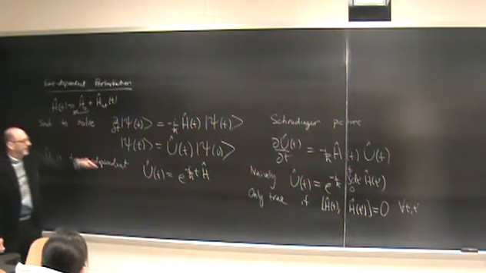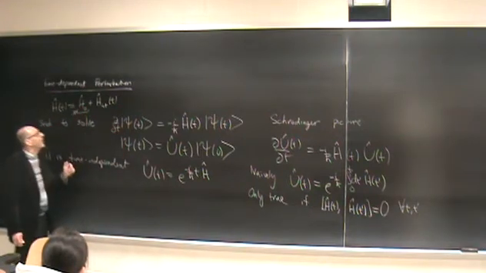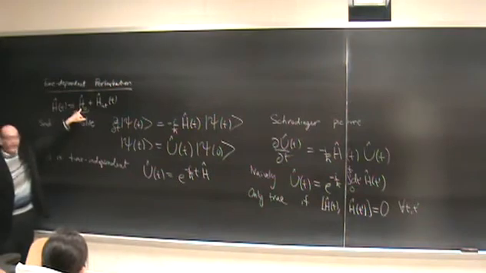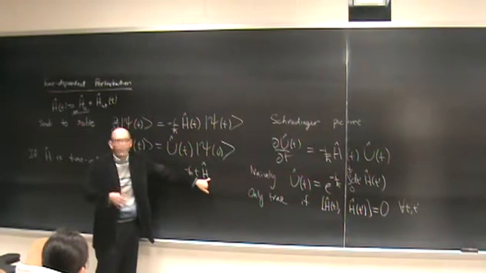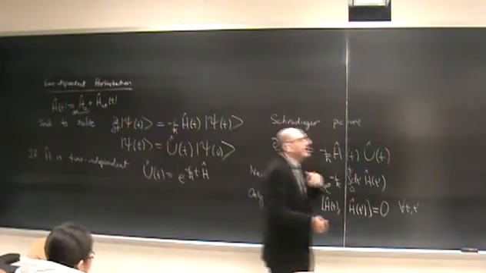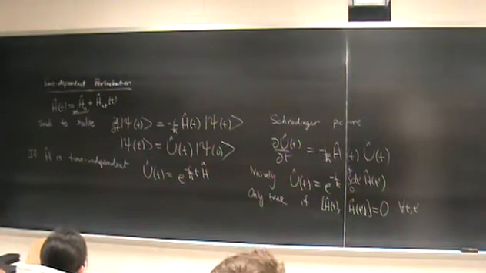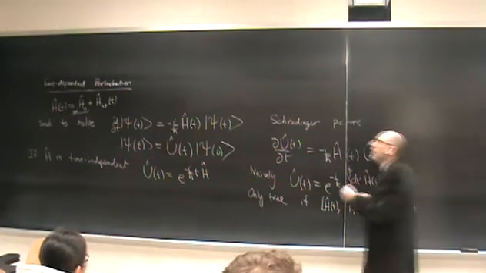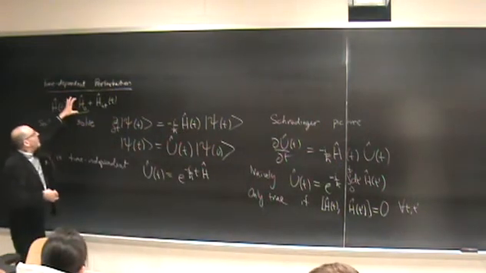And in that case, we would know what the time evolution operator is associated with H0. It would just be the exponentiation of this with H0, and we would know that. So that's a kind of known time evolution that we can already take out of the problem because we know it. Okay?